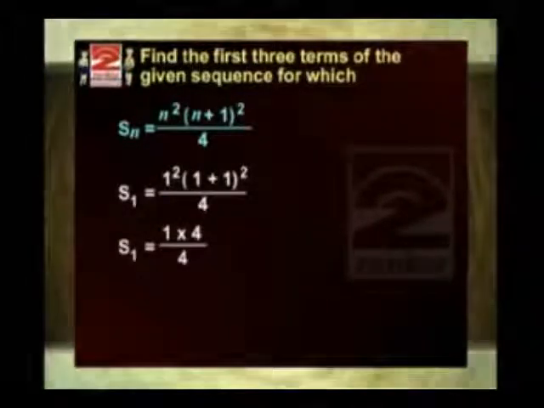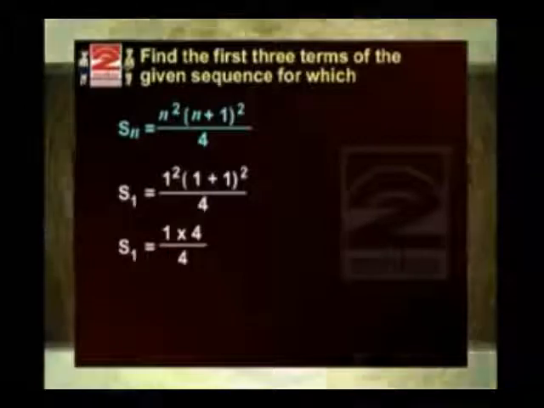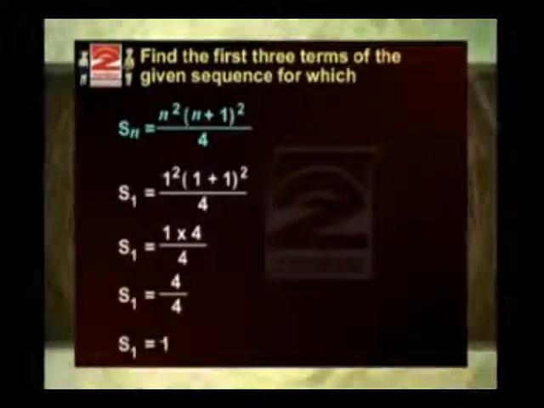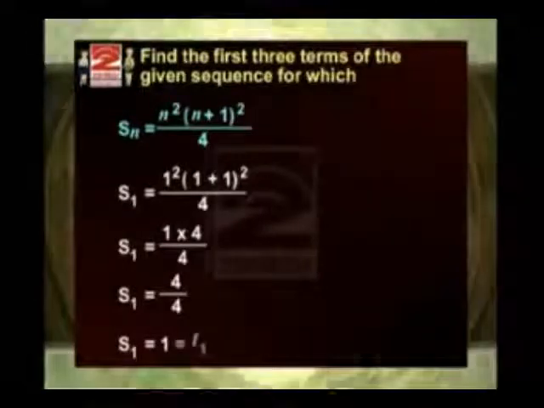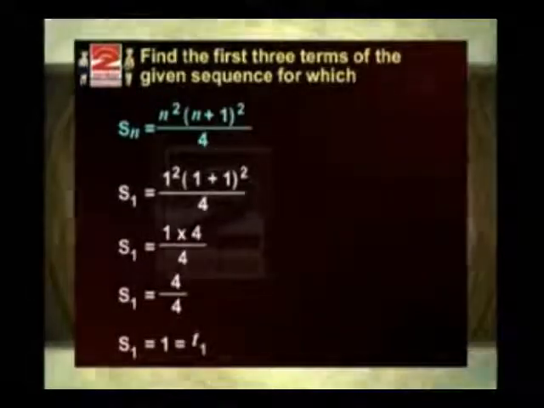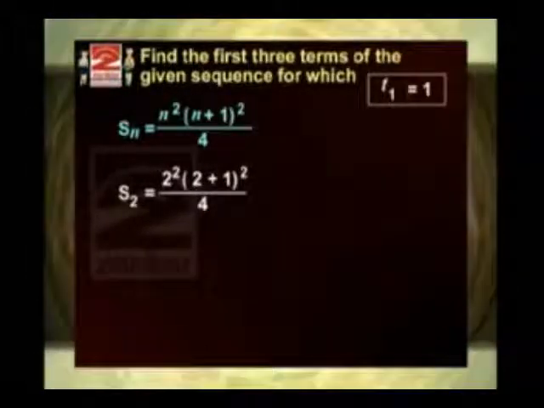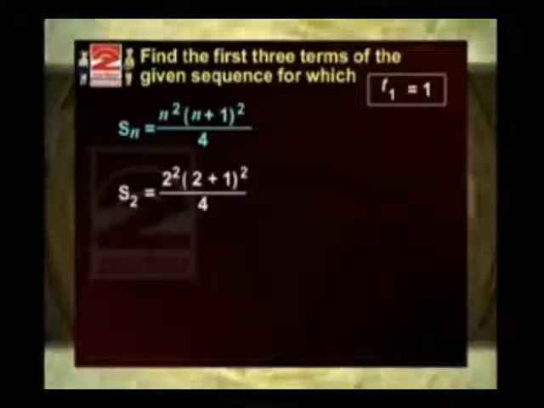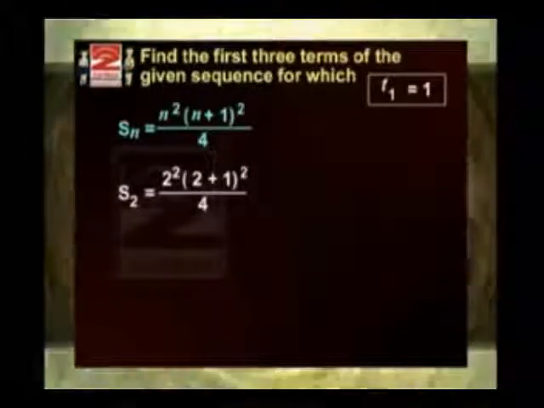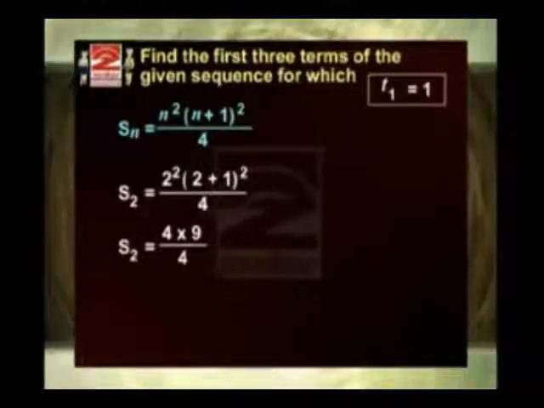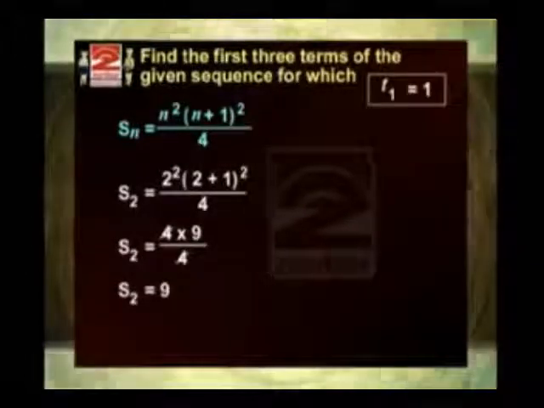That is equal to 1 into 4 upon 4, that is equal to 4 upon 4, that is equal to 1, that is equal to T1. Then S2 is equal to 2 square into 2 plus 1 the whole square upon 4, that is equal to 4 into 9 upon 4, that is equal to 9.